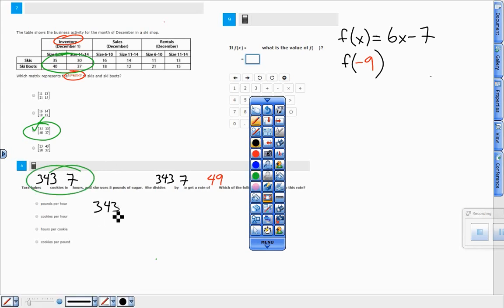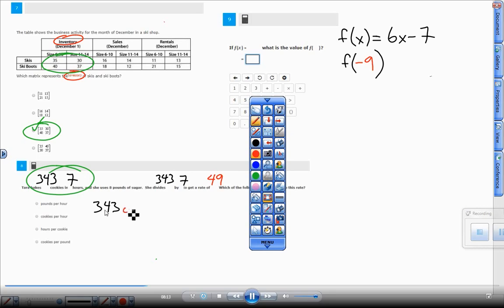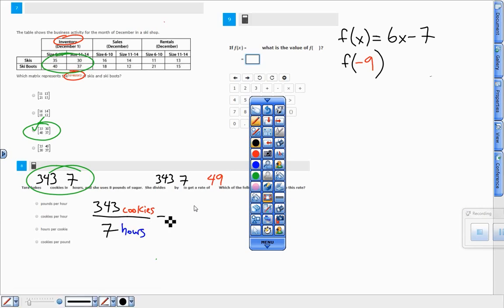Make sure you're showing me that unit rate, 343 cookies made for every 7 hours. And if I divide that, that gives me 49. The number of the day, which equals 49 cookies for every 1 hour you're baking.